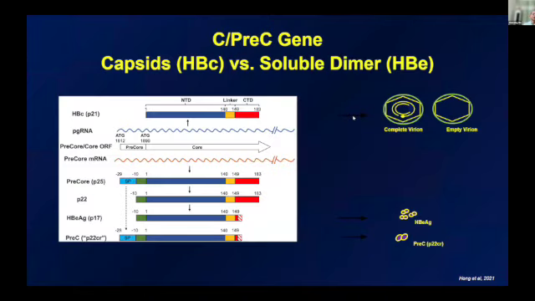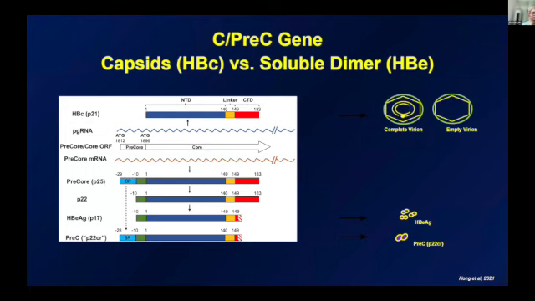So here, just a little more detail of the viral capsid and pre-core gene. Again, the capsid protein is very small, just 21 kD, depicted on the top there. It has an NTD, a linker, and a CTD. The capsid protein is the major component of the complete virion or empty virion depicted on the right-hand side.